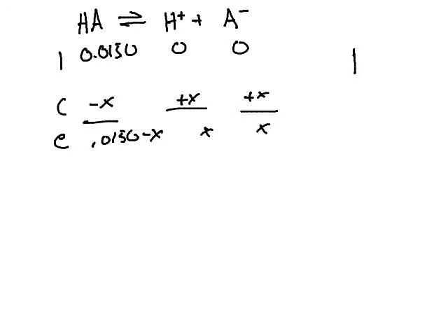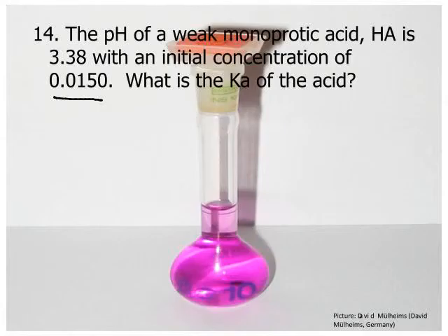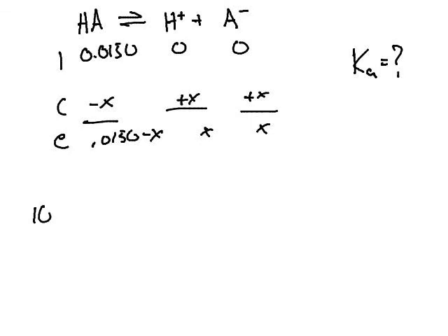But wait, it's asking to find the Ka. Usually we know the Ka, we solve for x. Oh, but wait, let's go back and reread the question. I said the pH was 3.38. Well, what do you know about pH? Well, 10 to the negative pH is equal to the concentration of the hydrogen, right?